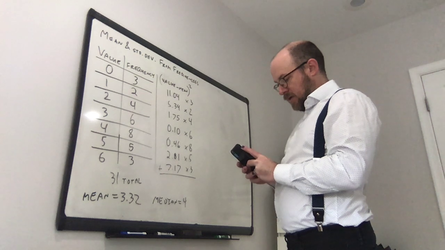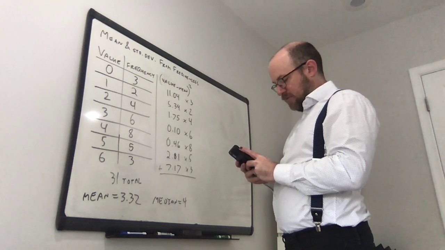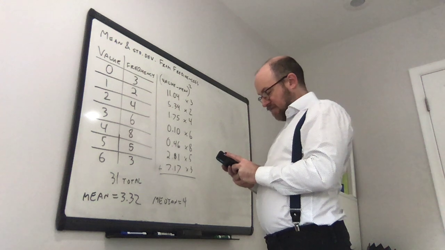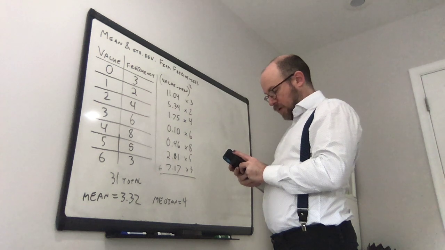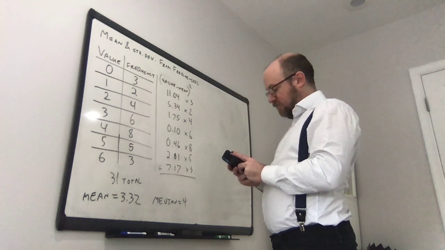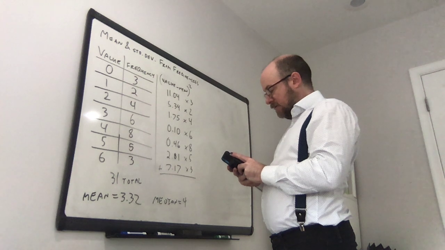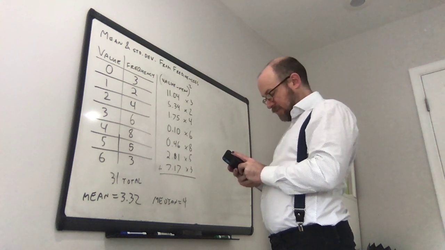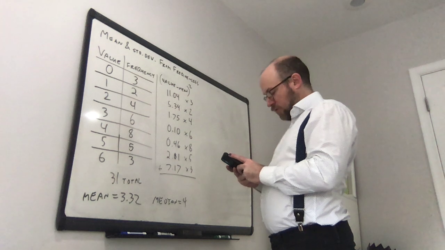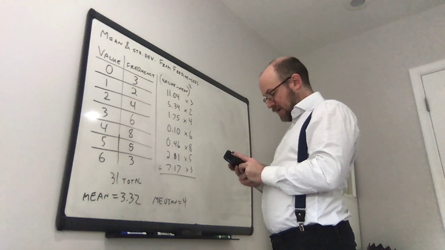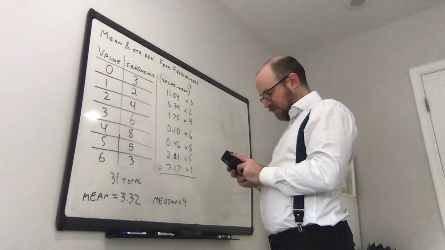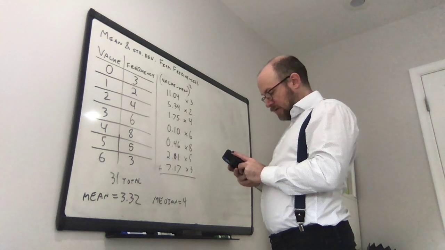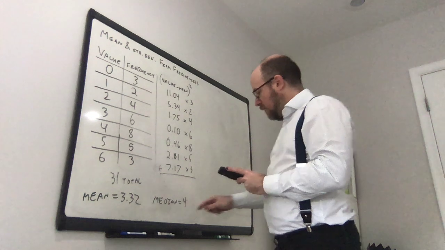So 11.04 times 3 plus 5.39 times 2 plus 1.75 times 4 plus 0.1 times 6 plus 0.46 times 8 plus 2.81 times 5 plus 7.17 times 3.